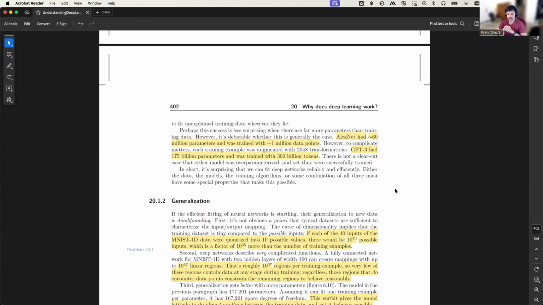The other example was GPT-3, which has 175 billion parameters and only had 300 billion tokens. In the language model space, people have been studying the scaling of what is the correct size of the model, what is the correct size of the data, and how much training we should do. But in reality, people have been finding that these massive models are able to train, and typically you have more parameters than you do data points.